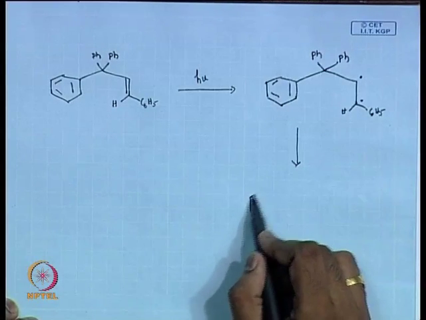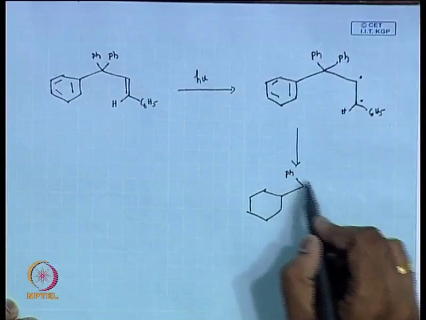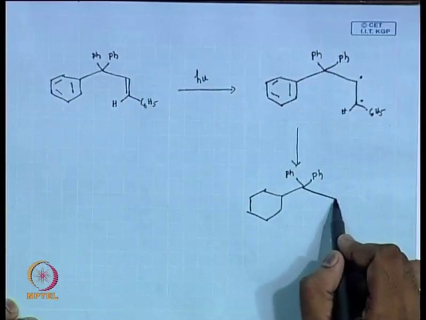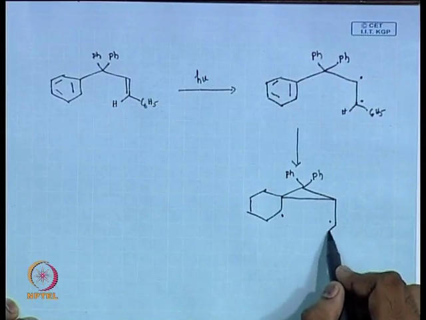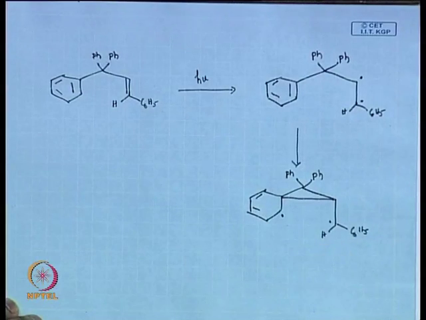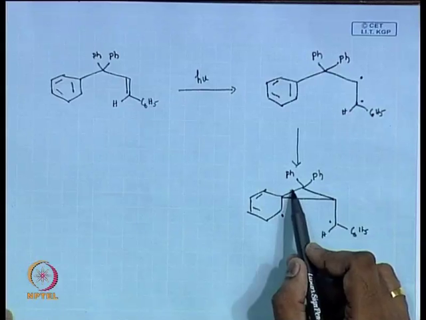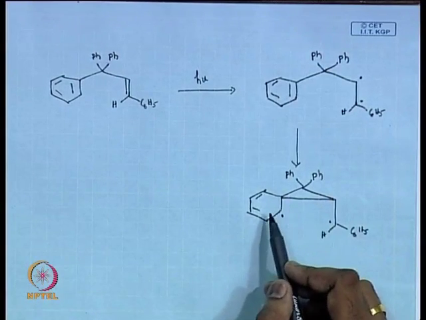Okay. Here which bond do you want to break? You have a choice here, you have an A and B. Yeah, because you want to get back your aromatization, right?